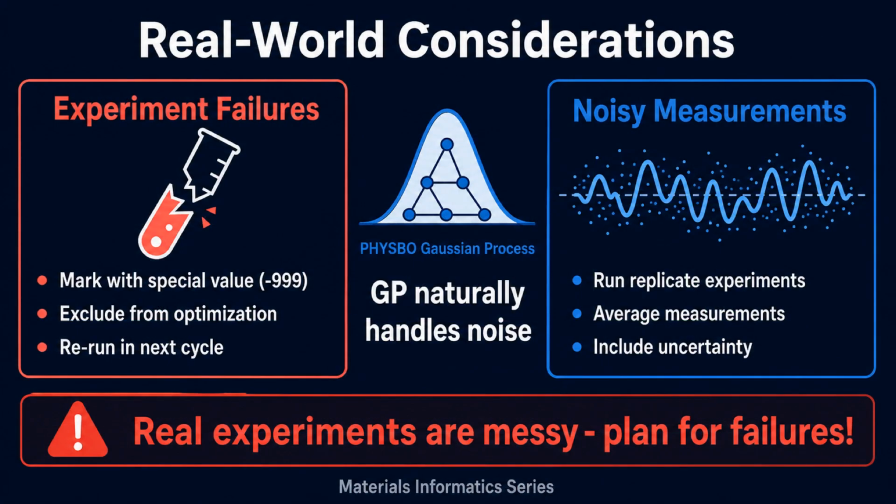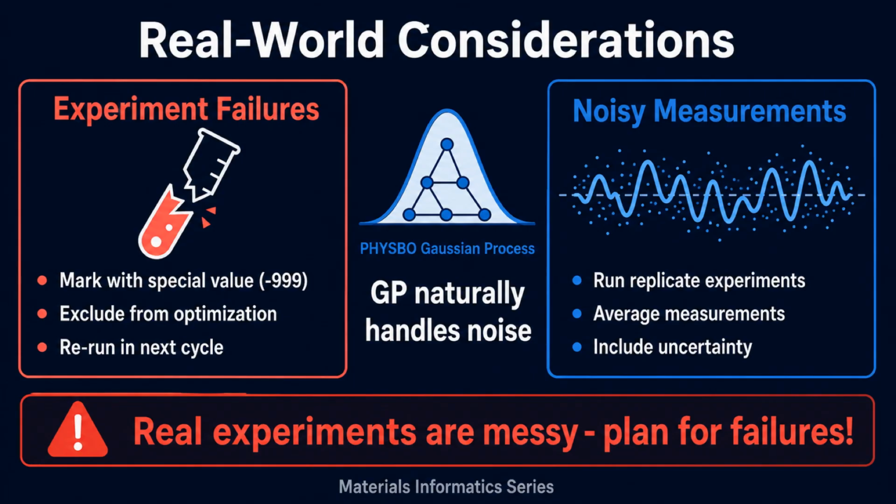Real experiments are messy, and NIMO is designed to handle that. When experiments fail, you have 3 options. Mark them with a special value like -999, exclude failed points from the optimization entirely, or queue them for rerunning in the next cycle. For noisy measurements, which are inevitable in real systems, PHYSBO's Gaussian process naturally accounts for measurement noise.